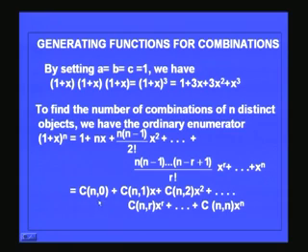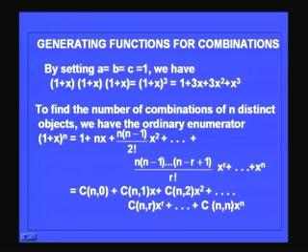The coefficient of x power 1 is the number of ways of choosing one object out of n objects. The coefficient of x squared gives you the number of ways of choosing two objects out of n objects, and the coefficient of x power r gives you the number of ways of choosing r objects out of n objects. Of course, the last term, the number of ways of choosing all the n objects out of n objects, is 1, C(n,n) is 1, that we know.